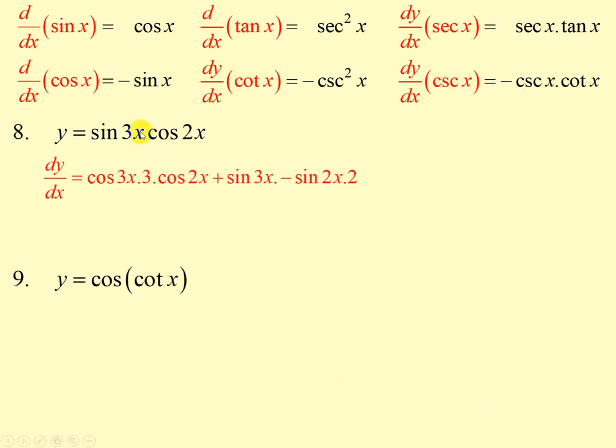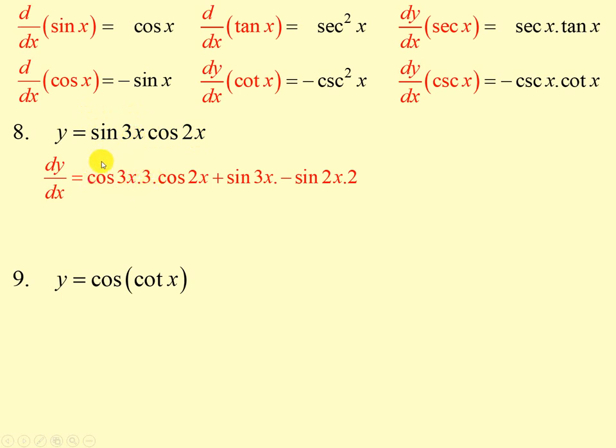Number 8, there's a product rule. Each of them is a composite function as well. So when we differentiate sine of 3x, the outside function is sine of, so it becomes cos of 3x. And the inside function is 3x, so it becomes 3 when differentiated.